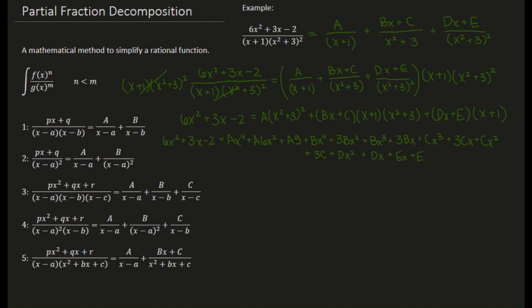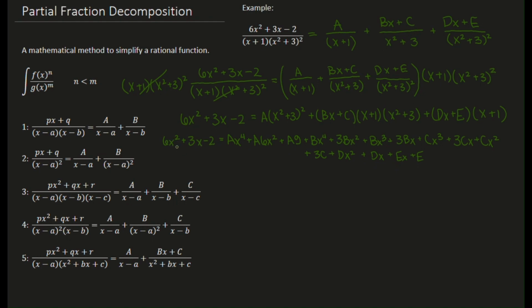Once we have FOILed everything out, it becomes this really long formula, which is probably why I don't often like to use this method, but it is simply the best method to use when I have so many unknown variables. Once I have it all FOILed out, I don't do anything to the left-hand side yet, and I don't move it over in any way.